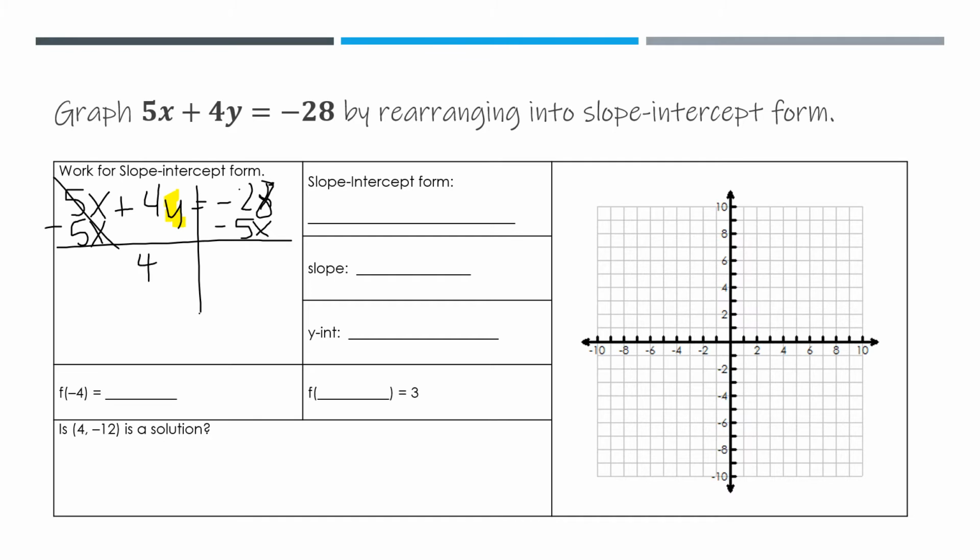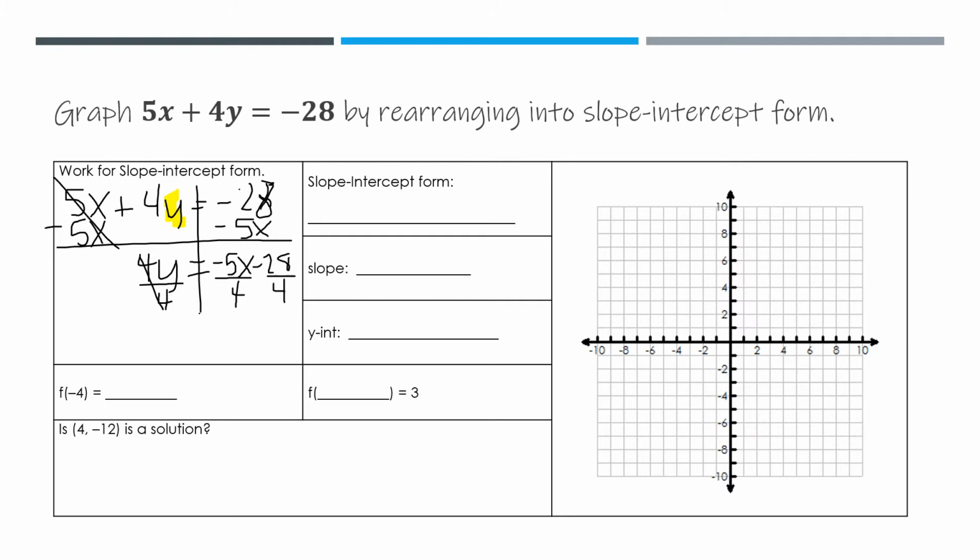I get 4y equals, and because I'm rearranging it into mx plus b, I want the x to be first. So negative 5x minus 28, and then I'm going to divide everything by 4. And it's okay that the 4 doesn't go into the 5 because that's my slope.